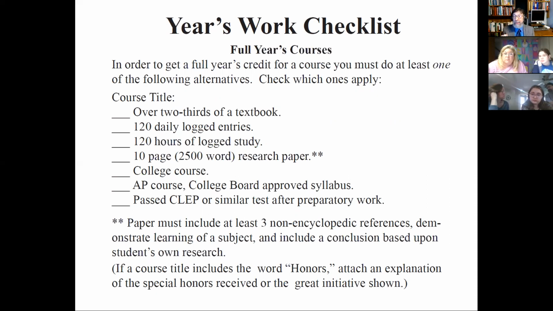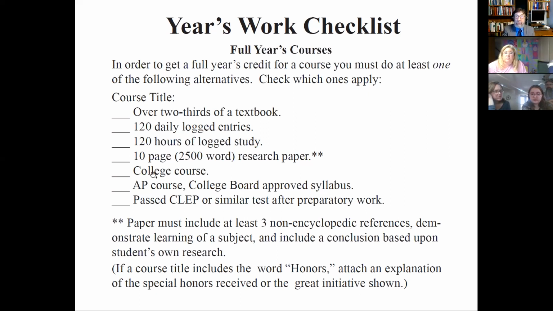Let's say you were doing Spanish in college. You would do Spanish 1 first semester, Spanish 2 second semester, Spanish 3 third semester, Spanish 4 fourth semester. That's 2 years. Each semester of college gets you 3 or 4 credits of college course, and that translates into 1 high school course.